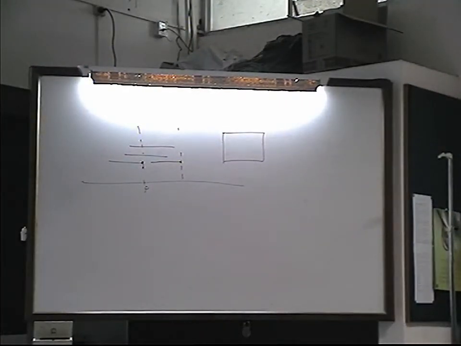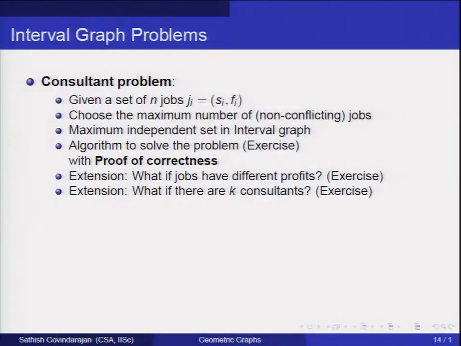Another question, again an extension question. Suppose instead of one consultant, there are k of you, let's say 10 of you, and you are given a bunch of jobs, and you might want to maximize the total number of jobs amongst you in total, or you might have a profit for the job and you want to maximize the maximum profit.